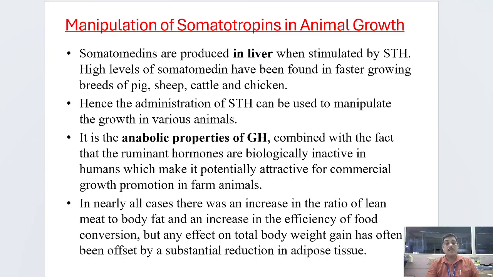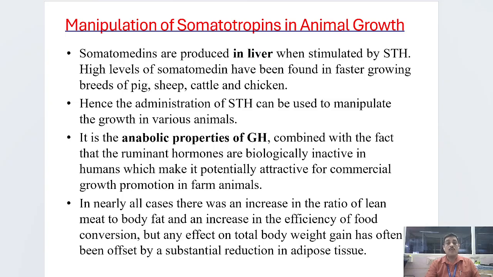And it is the anabolic property of growth hormone, which is species specific, or biologically inactive in humans. So we have to procure it only from the animal. And the problem with the animal is we cannot collect too much growth hormone from the animal.